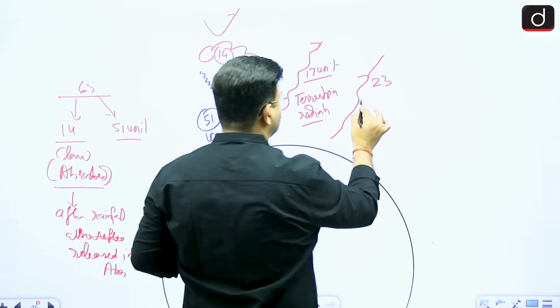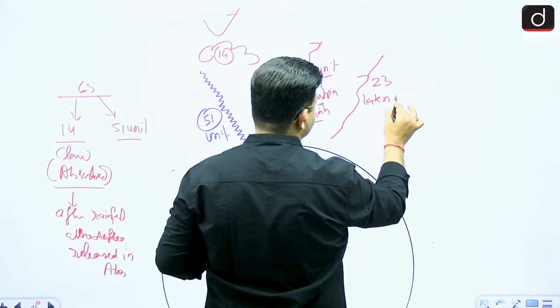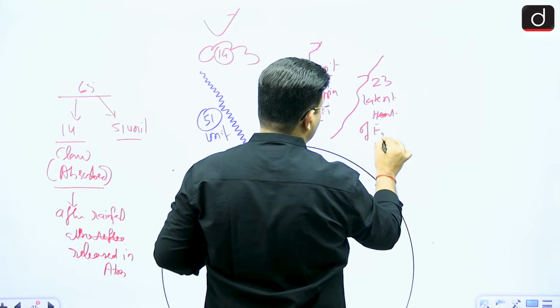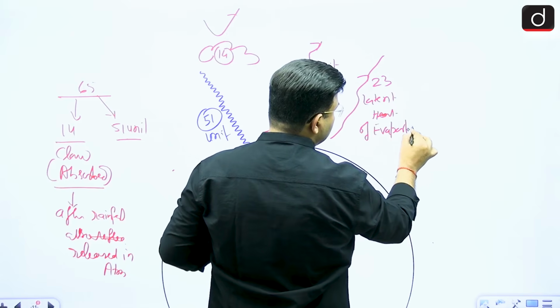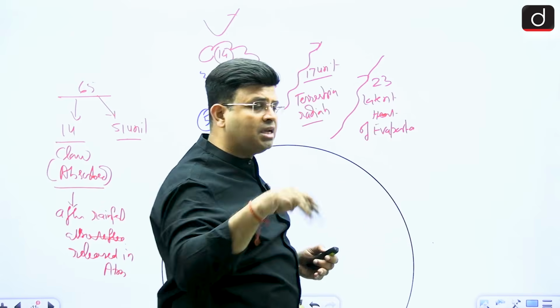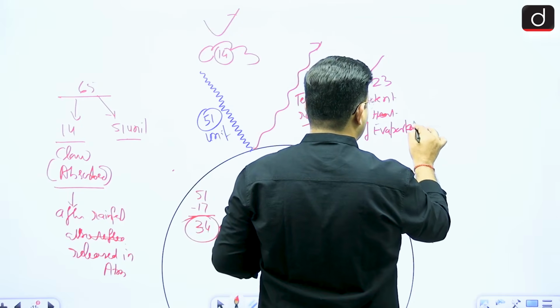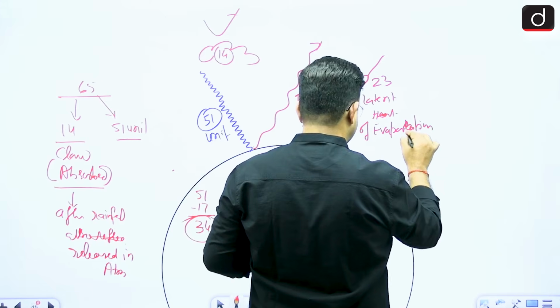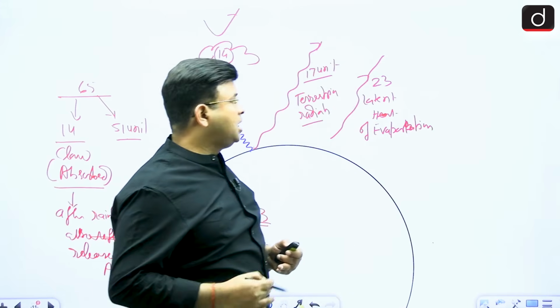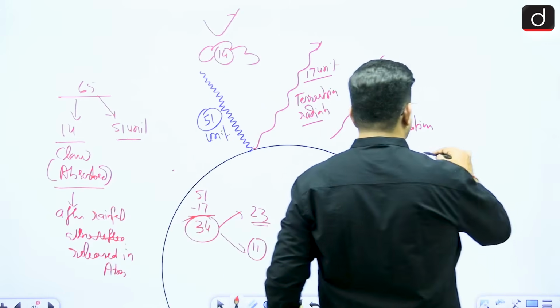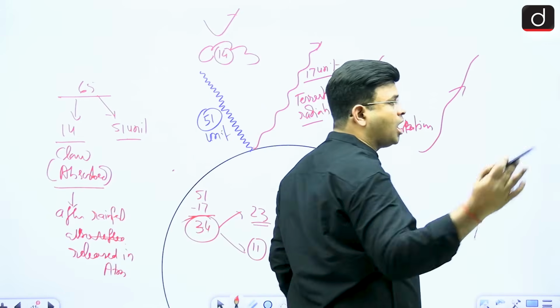That is the latent heat of evaporation, which means this heat is hidden inside the water vapor. So latent heat of evaporation releases 23 units, and thereafter 11 units in the form of warm air moves up.